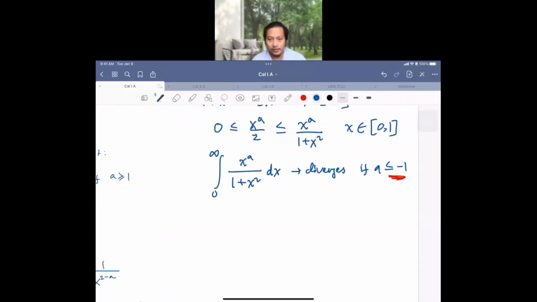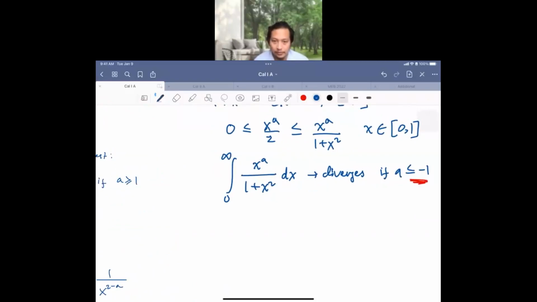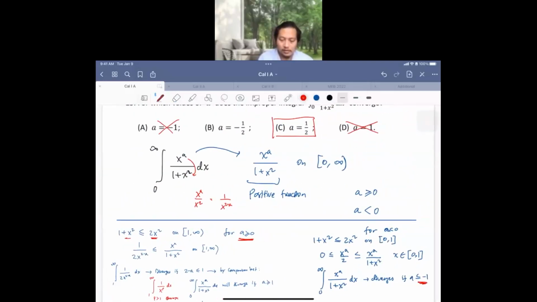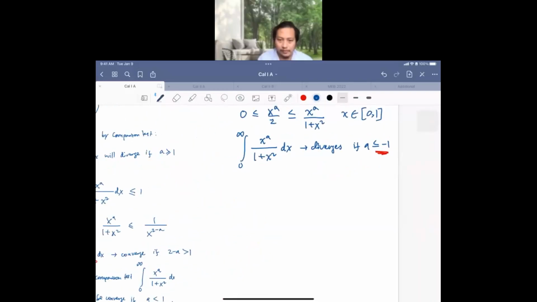So it will be diverged when a is less than negative 1. And you will have the comparison, or maybe looking at the question itself, this one is not able to be used.